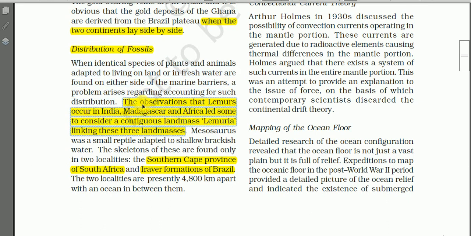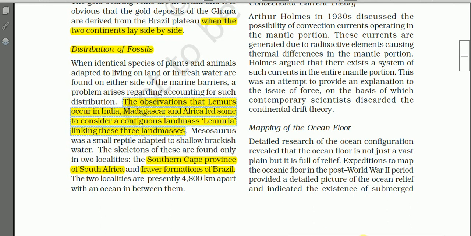The observation that lemurs occur in India, Madagascar, and Africa led some to consider a contiguous land mass, Lemuria, linking these three land masses. That means scientists have observed that lemurs occur in India, Madagascar, and Africa.